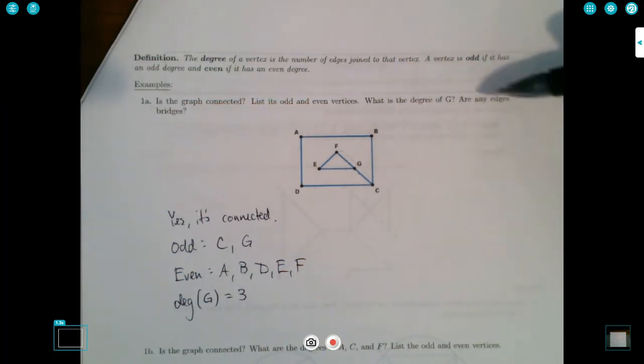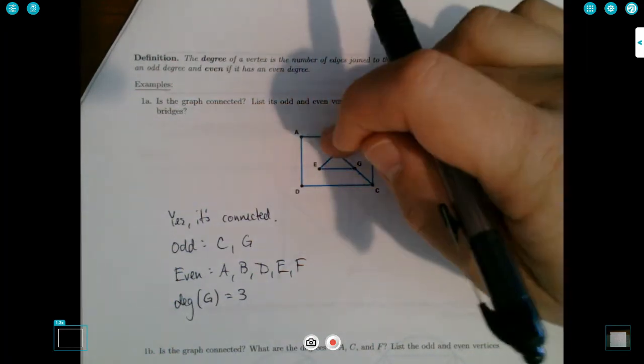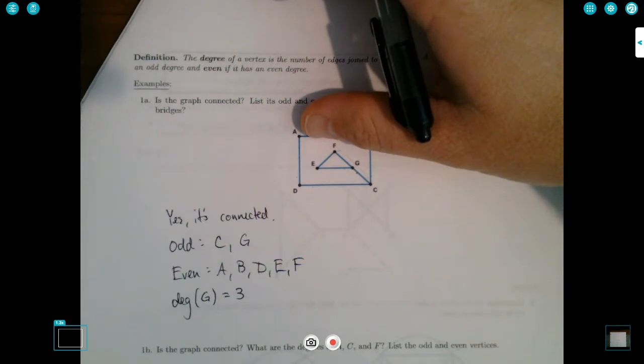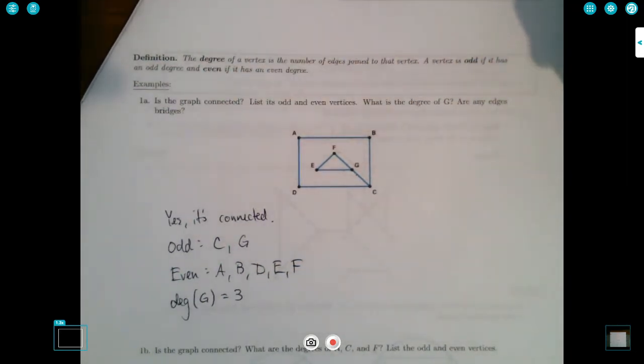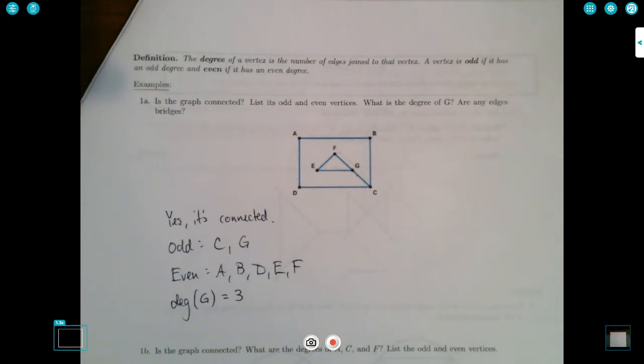And then finally, are any edges bridges? Oh yeah, I see one. If we remove AB, that's not a big deal. That's still a connected graph, right? If we remove EF, same thing, not a big deal, still a connected graph.